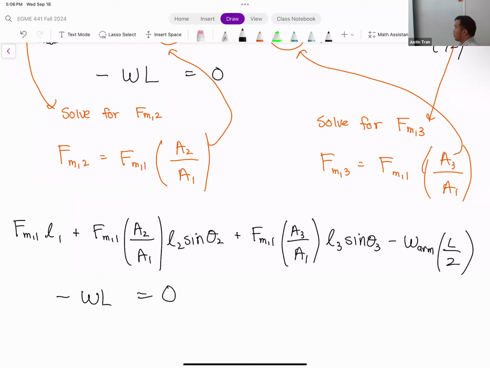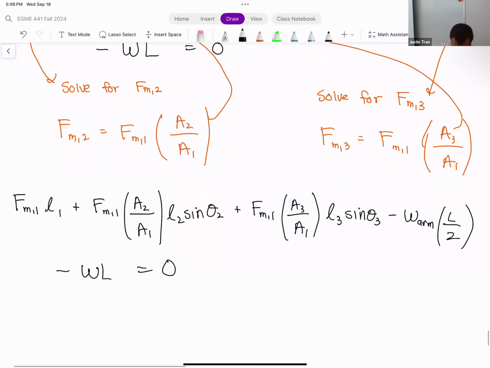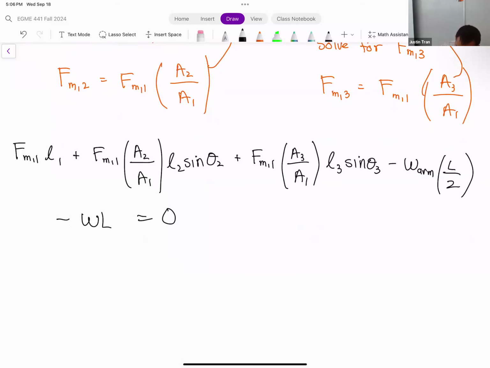It's a lot of terms here, but we only have one more unknown. From here, it's just algebra to solve for FM1. The first thing I'm going to do is move the two weights, W arm and W, to the other side of the equation, because they don't contain FM1. And then for everything else, I'm going to factor out FM1 from that expression.